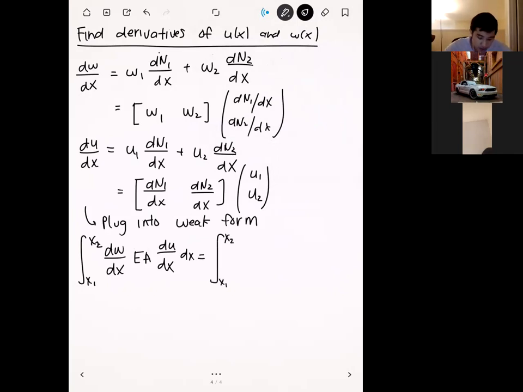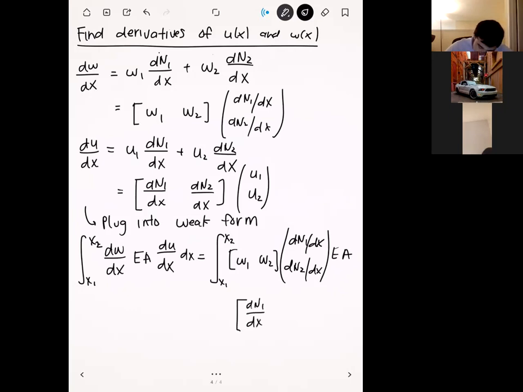First, we have a dw dx, and so we have w1 w2, dn1 dx, dn2 dx, right, times EA, right, times row vector dn1 dx, dn2 dx, times u1 u2, dx. Right. Okay.